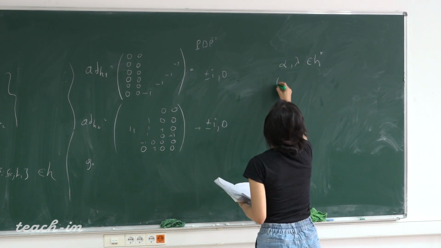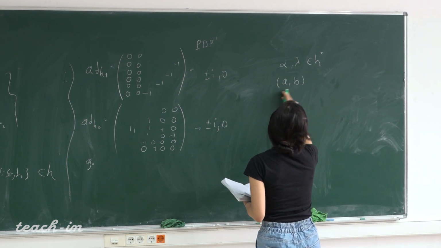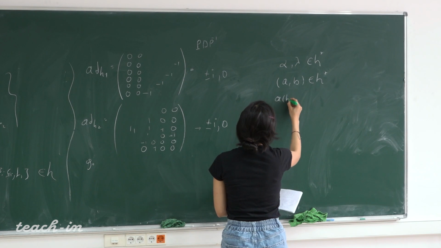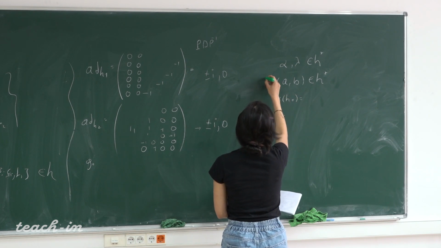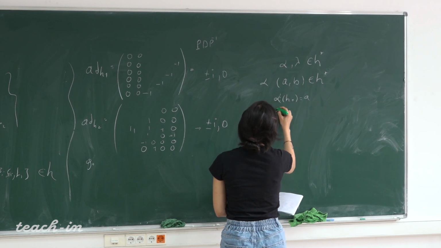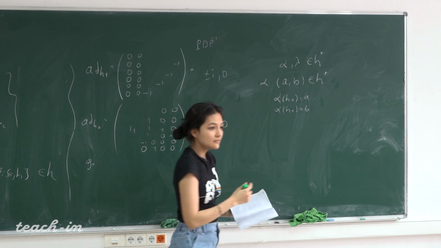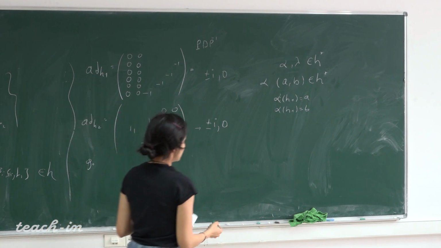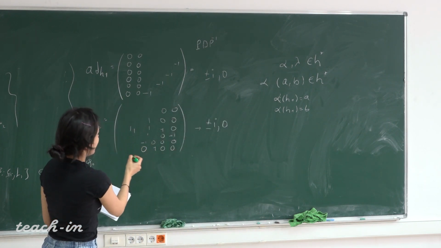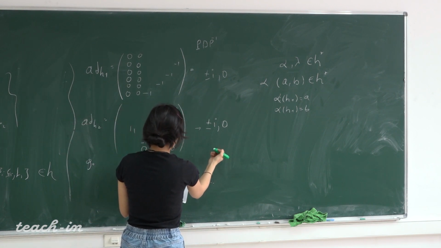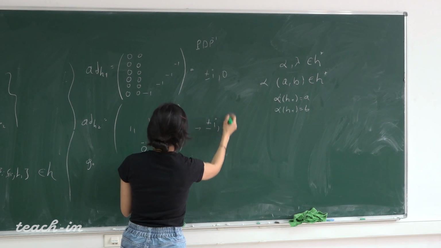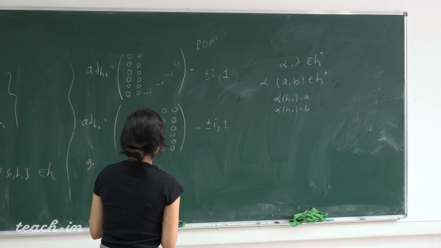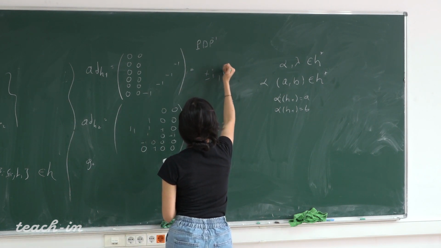I mean the following: if I have (a, b), this is in H star, the linear functional for which H1 maps to a and H2 maps to b. So maybe I will make a better picture, because here, sorry, here is one. Here is one.